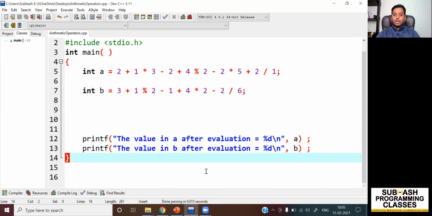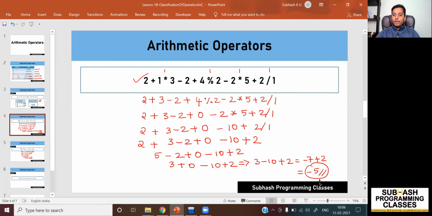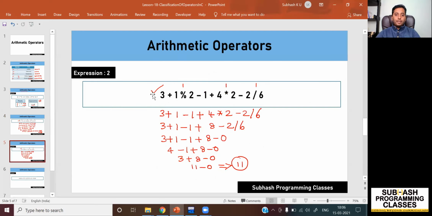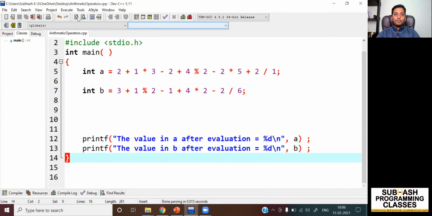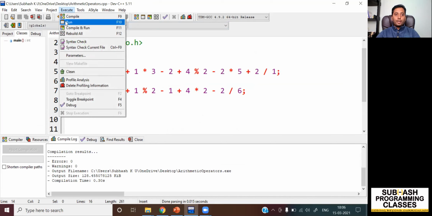So as per our evaluation, the first expression gave us a value of -5, and the second expression gave us a value of 11. Okay, so we must be able to get the same output over here. Let's check that out and see, right? So I would compile this first and see if there are any warnings or errors. There are no warnings or errors, so it's perfectly okay to go and run this program.